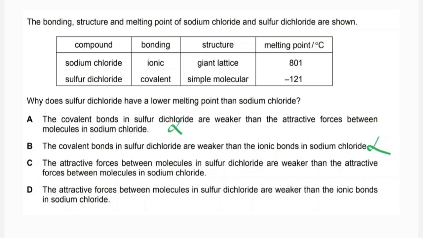They refer to molecules in sodium chloride. That is not the case. Sodium chloride is an ionic lattice, right? It doesn't have molecules, so that should be wrong. The attractive forces between molecules in sulfur dichloride are weaker than the ionic attractions in sodium chloride. That is correct.